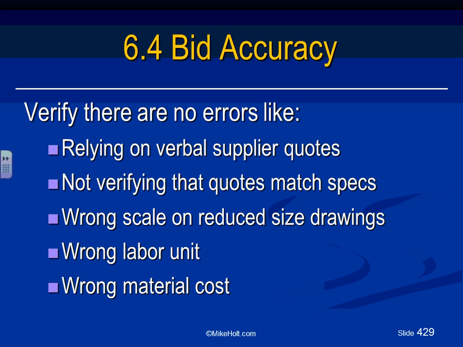Wrong scale on a reduced size drawing, like we did, Jim. Wrong labor units, wrong material cost. If you remember with McCormick, there are multiple prices and multiple labors that you can assign to the project. So which labor unit am I going to assign? Labor 1, price 1, or labor 2, price 2?